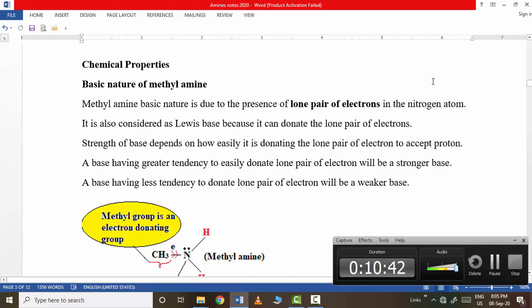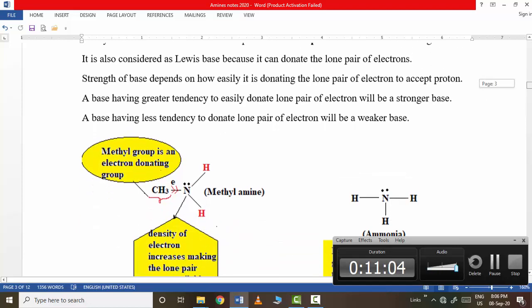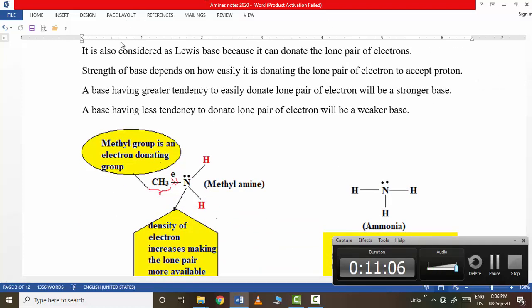Then you have the chemical properties. We'll look into the basic nature of methylamine. Methylamine is basic in nature due to the presence of a lone pair of electrons. The lone pair of electrons on the nitrogen plays a very important role in giving the basic nature to methylamine.